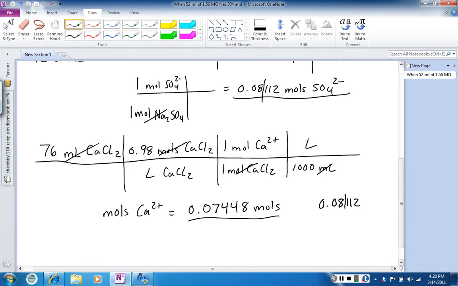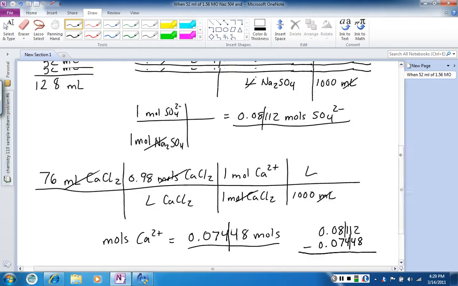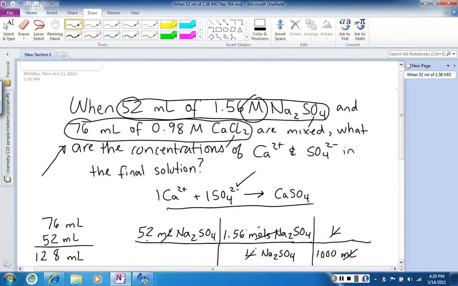0.08112, draw your line, subtract 0.07448. We didn't draw our line there, but it's still 2 sig figs right there. Oops, I drew my line wrong up top, didn't I? I did. Let me fix this real quick.